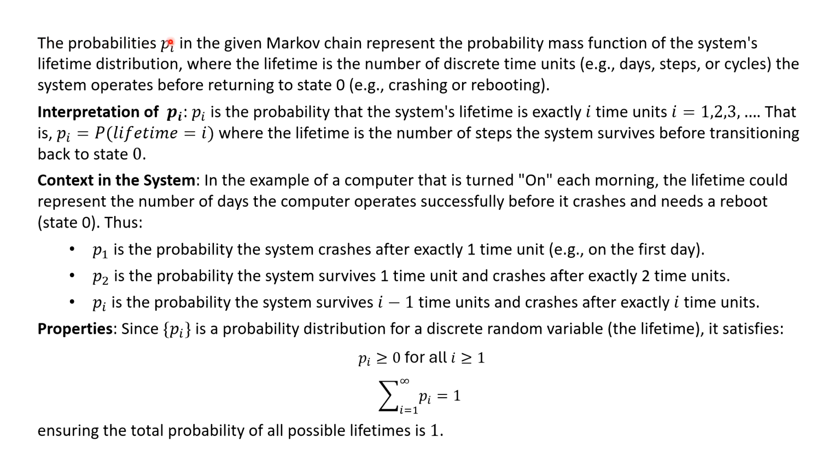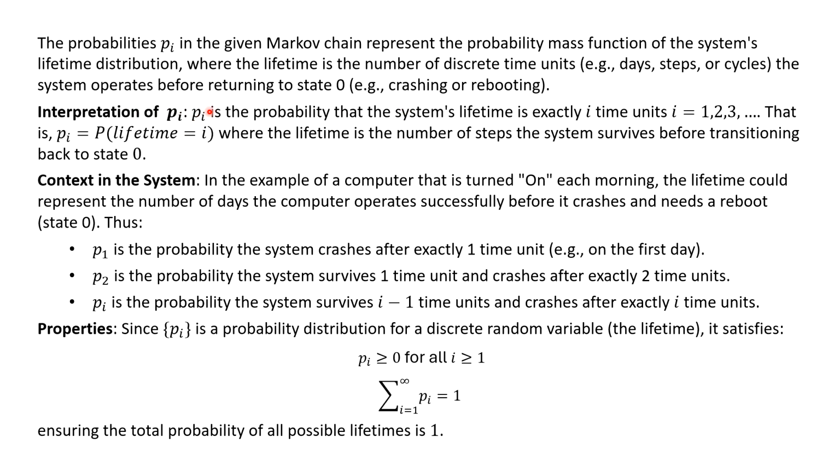The probabilities P sub i in the given Markov chain from the last slide represent the probability mass function of the system's lifetime distribution, where the lifetime is a number of discrete units, days, steps, cycles, the system operates before returning to state zero, for example, crashing or rebooting in the particular example I gave.